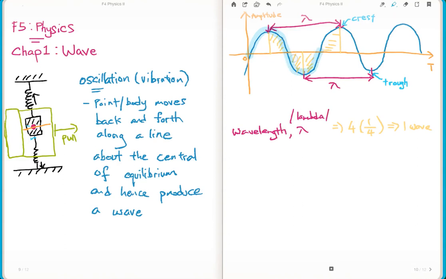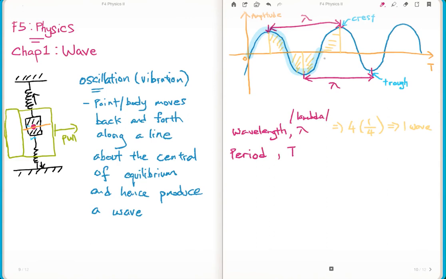So this is also one wave, the highlighted path. The time from the wave's start to end is called period. Okay, there are terms. I try to keep it short. Symbol is T.